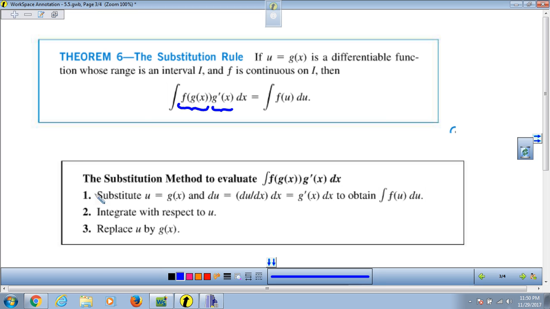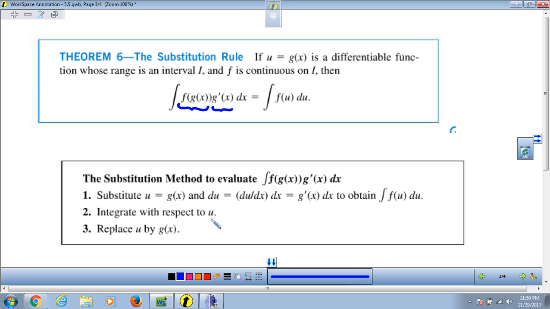And so what are the three steps to evaluate an indefinite integral in this way? First, substituting u by the inside function, and then finding the derivative of that inside function, which we're going to call du, most of the time. Number two is integrate with respect to u.